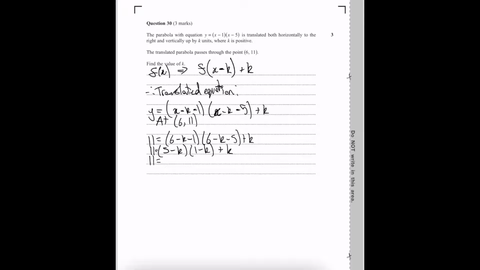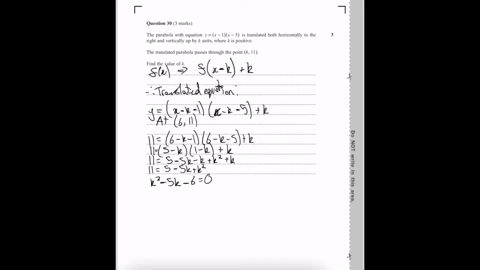Expanding those brackets, we get 5 minus 5k minus k plus k squared plus k. And then we get 11 equals 5 minus 5k plus k squared. And then we get k squared minus 5k minus 6 is equal to 0.